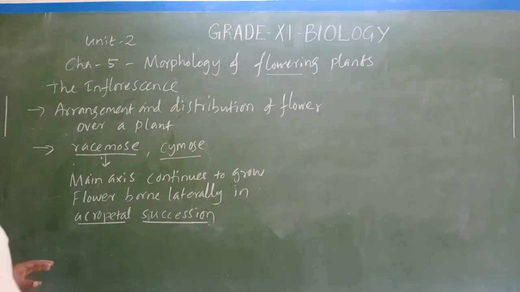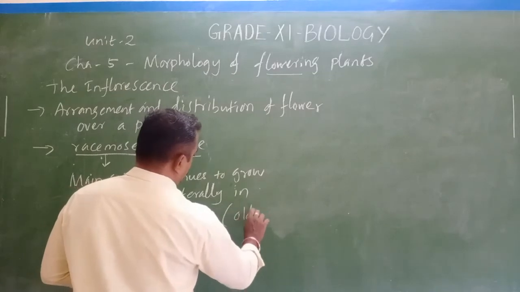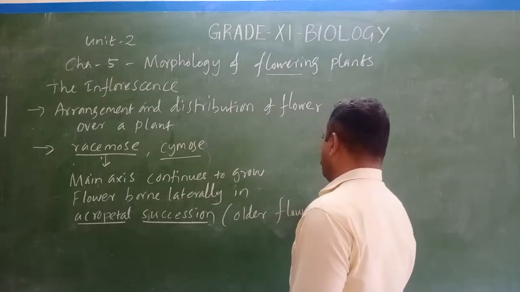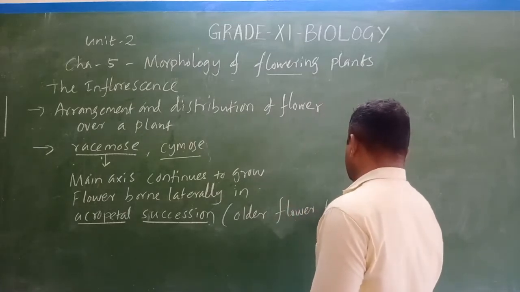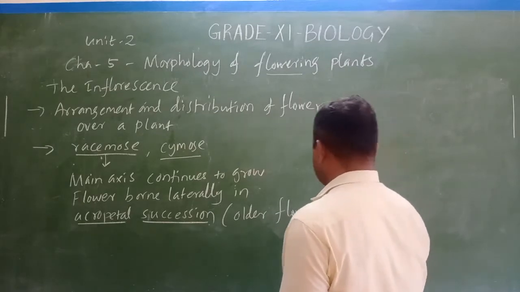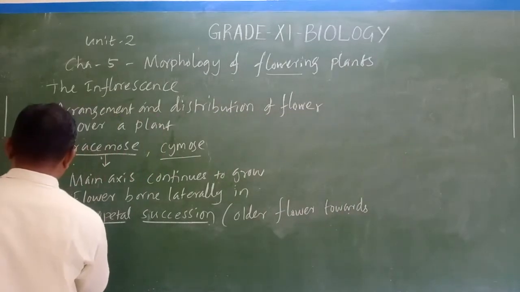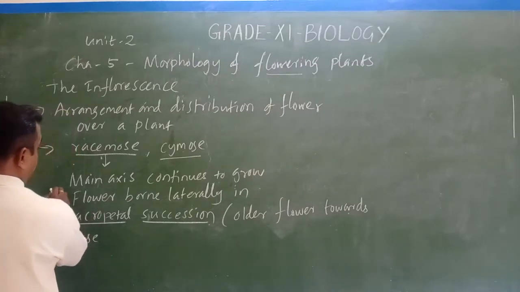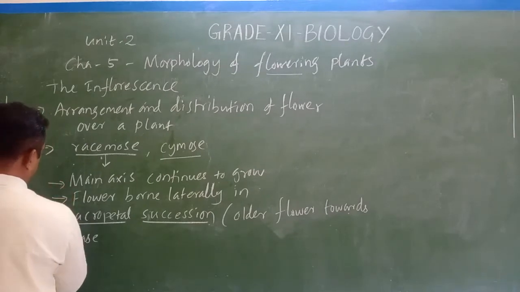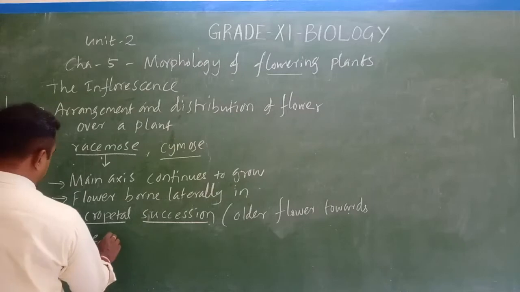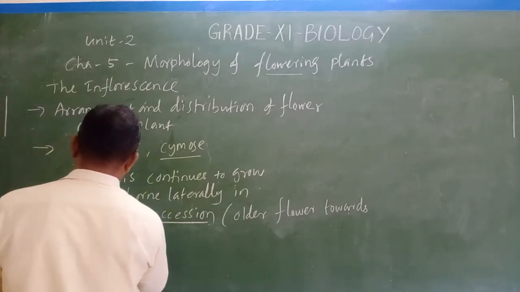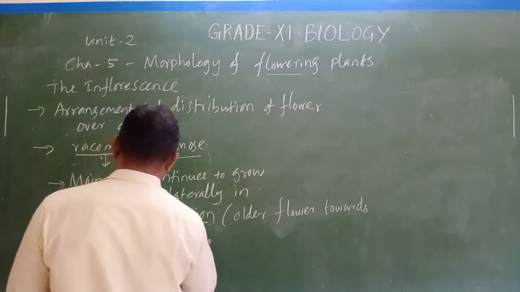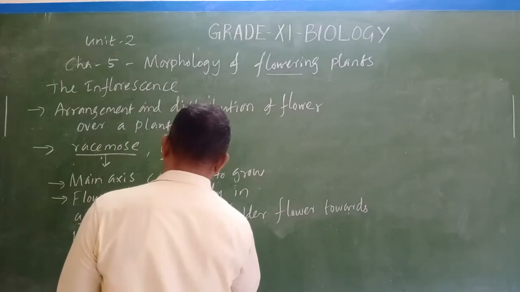The older flower grows towards the base, and the apex has the young ones.